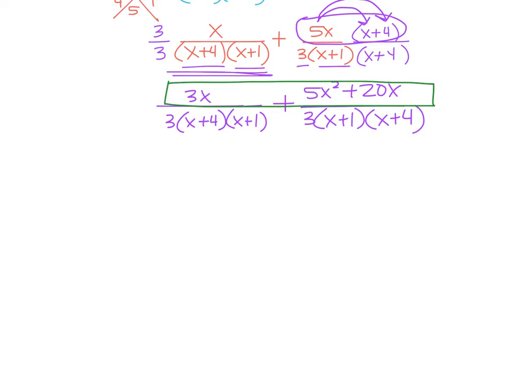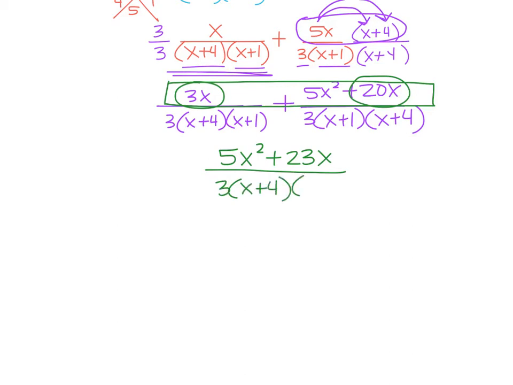In standard form. 5x squared plus, and these are like terms, so we can add those together, 23x over 3 times x plus 4 times x plus 1. And that's your answer. It's kind of a lot going on there, huh? Questions on that one?